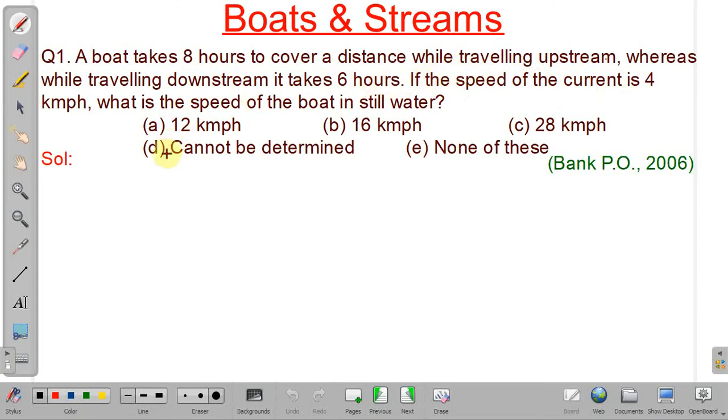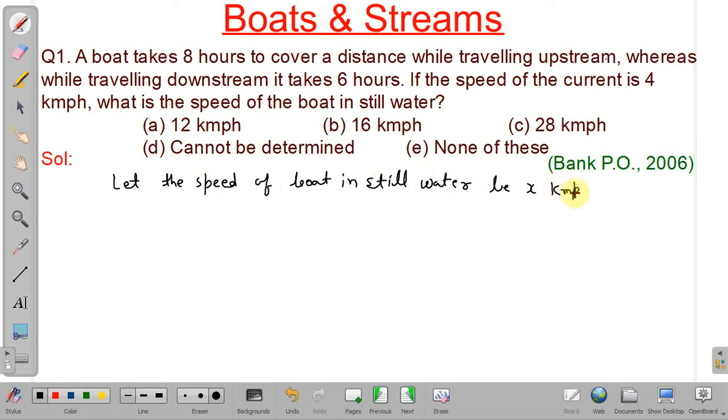Okay, so how we can solve it? See, distance in upstream direction must be equal to distance in downstream direction. Okay, so first we will assume the speed of boat. Let the speed of boat in still water be x kilometer per hour.